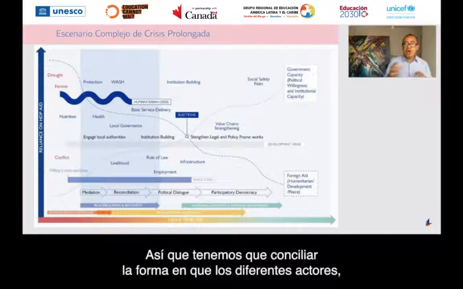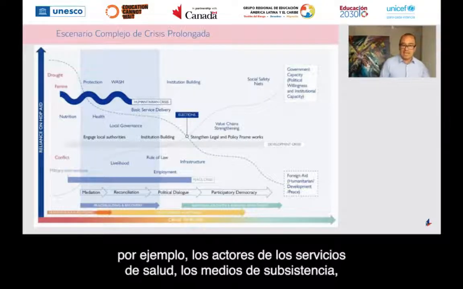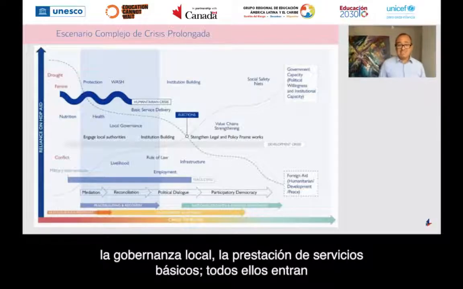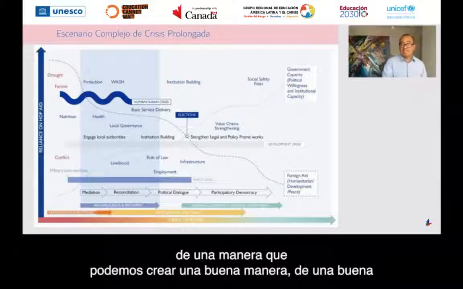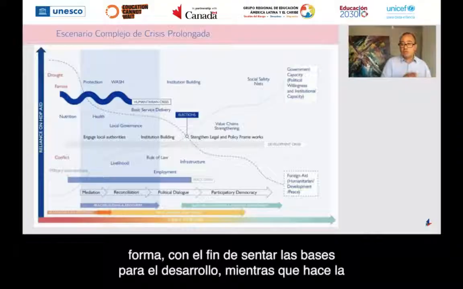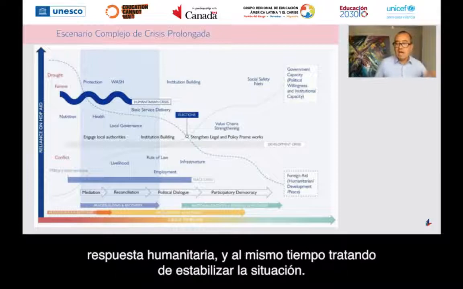So we need to reconcile the way in which different actors, for instance the health service actors, livelihood, local governance, and the basic service deliverers, all enter in a way that creates a good wave in order to set the basis for development while doing humanitarian response and trying to stabilize the situation.